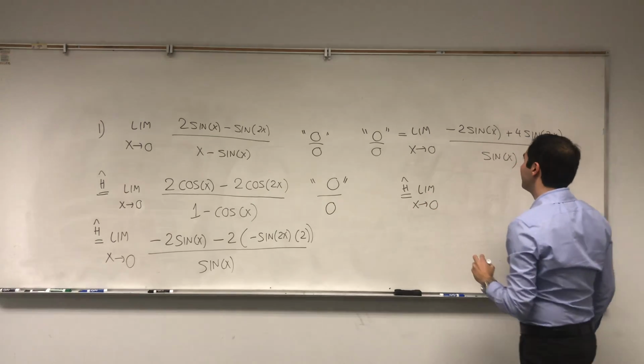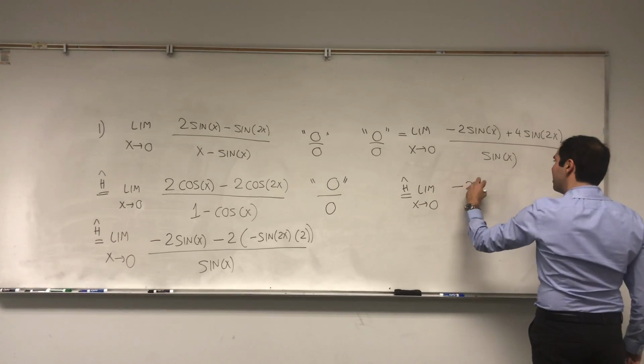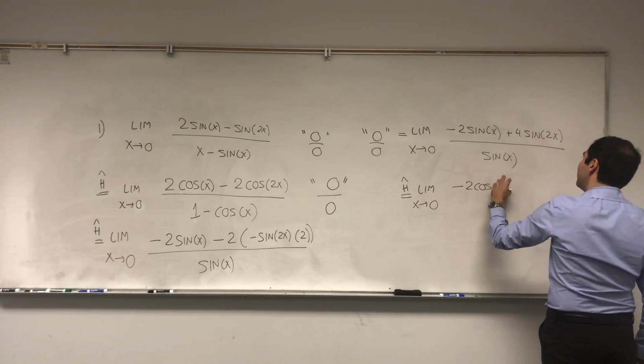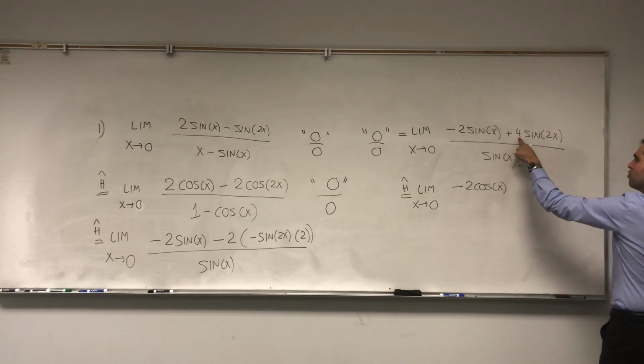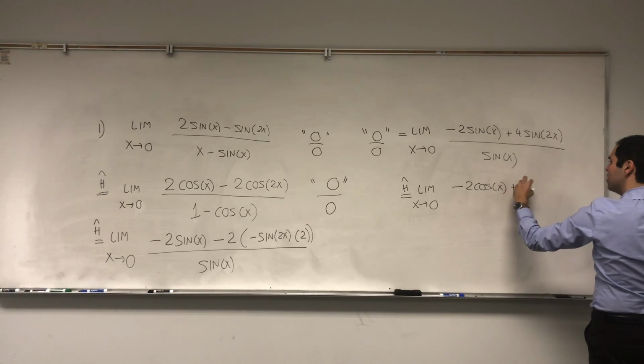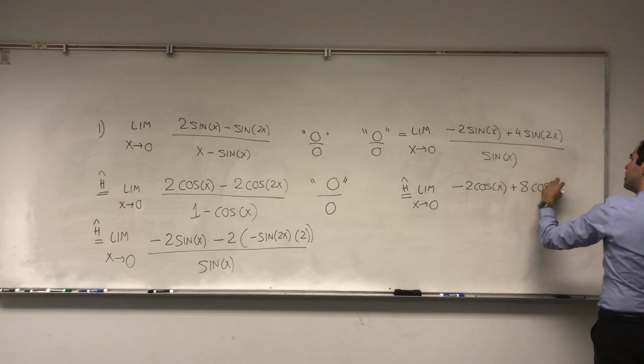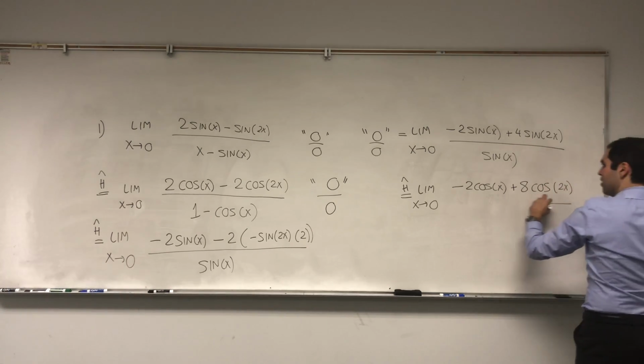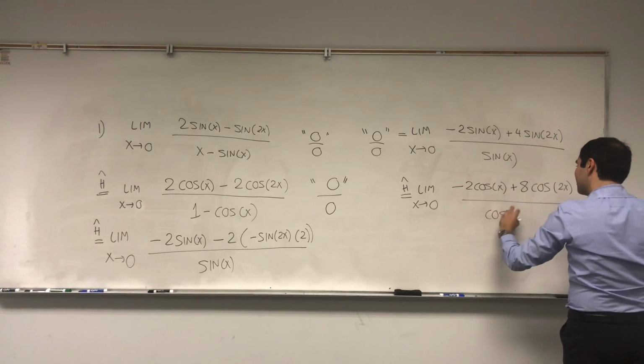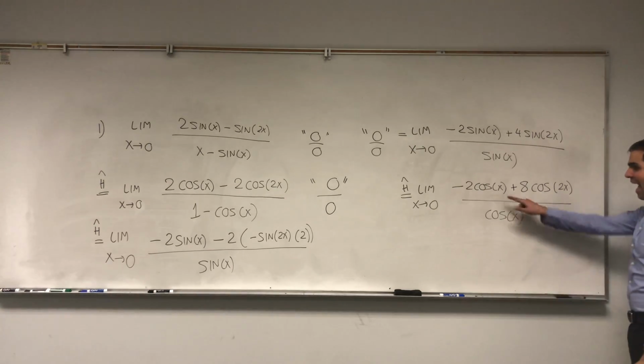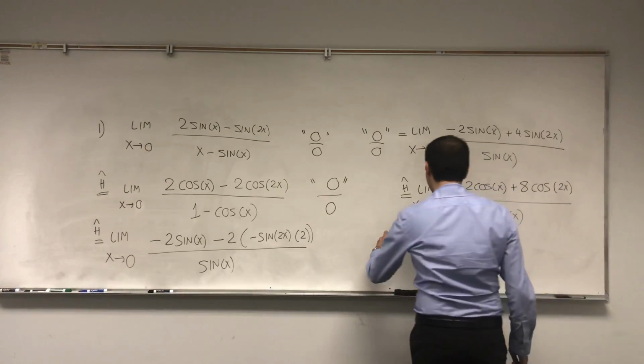Then that's the limit as x goes to 0 of minus 2 cosine of x, and then plus 4 times 2, so 8 cosine of 2x, over cosine of x. And now let's see what happens when we plug it in.